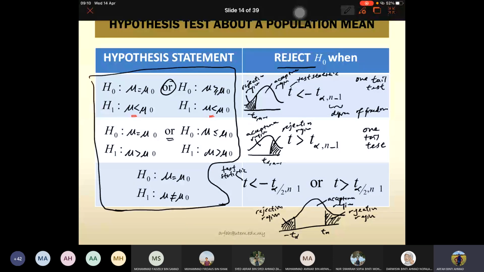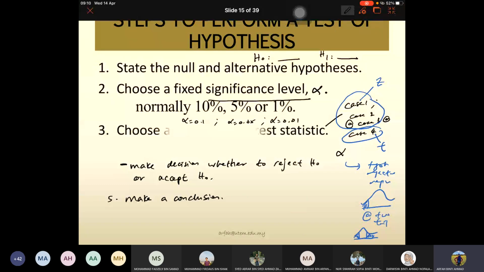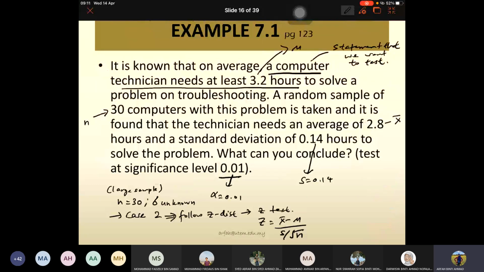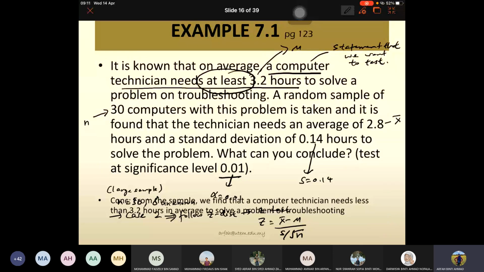A computer technician need at least 3.2 hours to solve a problem. So dia perlukan at least, sekurang-kurangnya. Dia ada perkataan at least 3.2 jam.